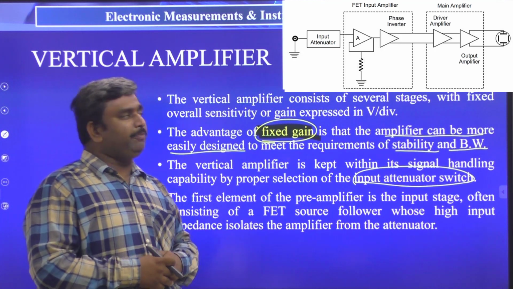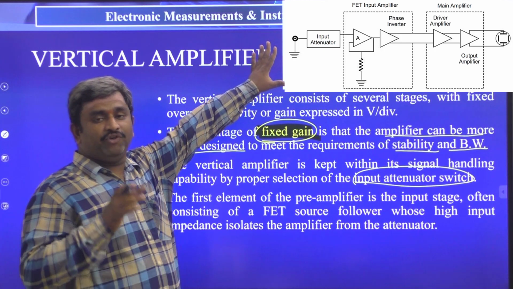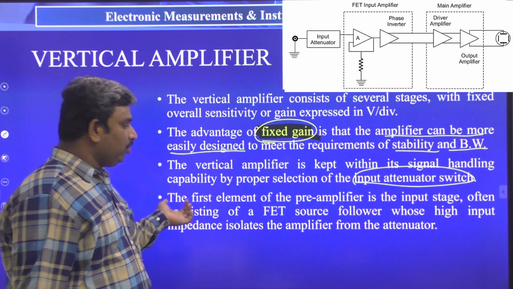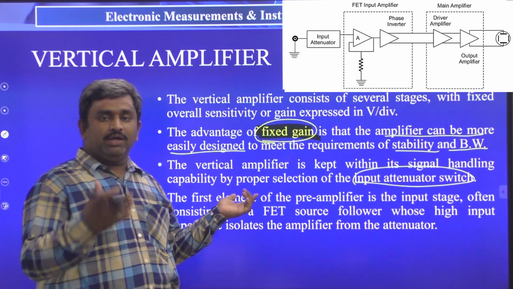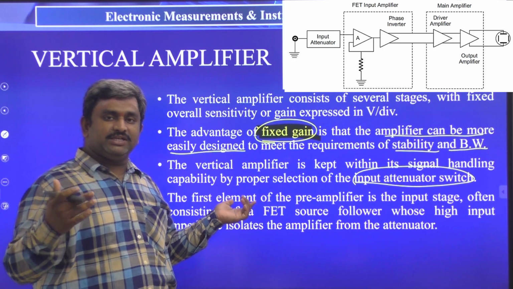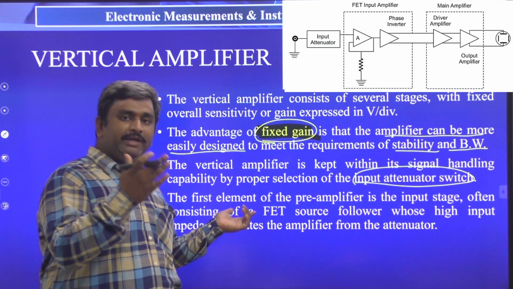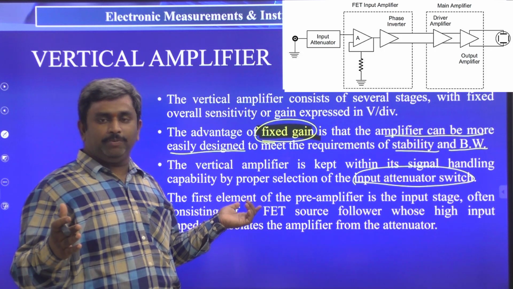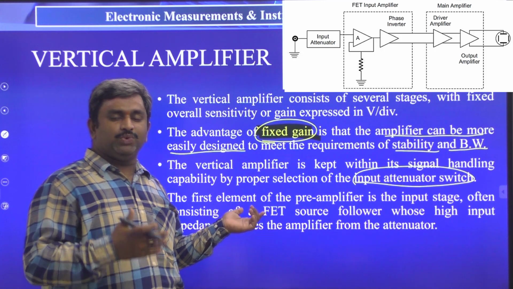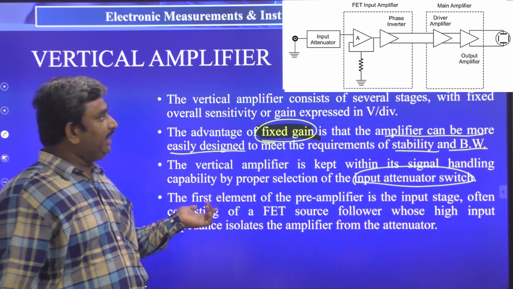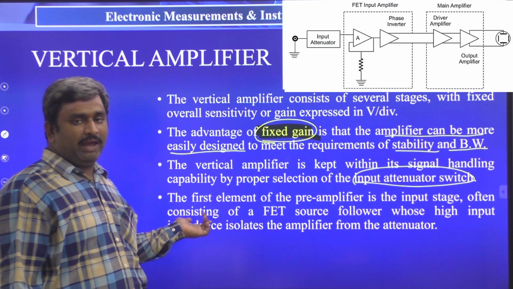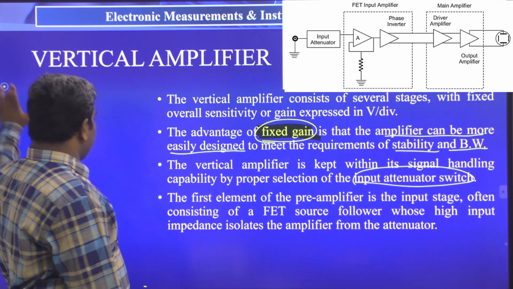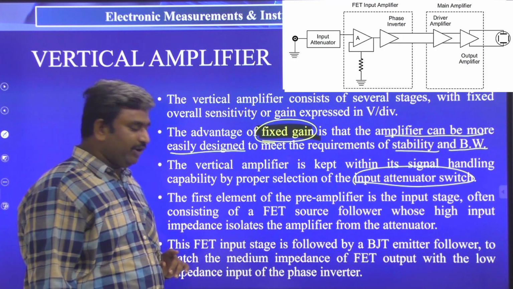We know from the basic classes, in the VLSI subject, that the MOS transistor has high input impedance, while BJT transistors have low input impedance. So for getting high input impedance at the input amplifier side, I have used FET transistors. That is the main purpose of selecting FET transistors.